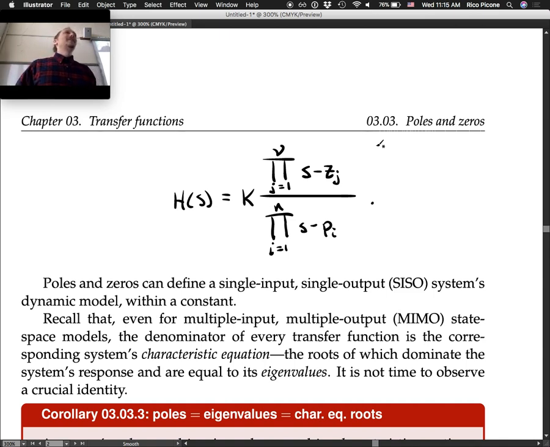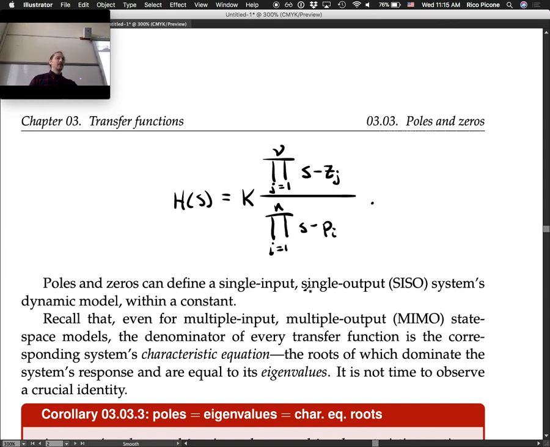And that's going to make the numerator zero, which is going to make the transfer function zero, which means we have a zero. All right. So that's what the numerator is. And the denominator is the same, but for poles, right? Whenever the denominator goes to zero is whenever s is equal to one of the poles.